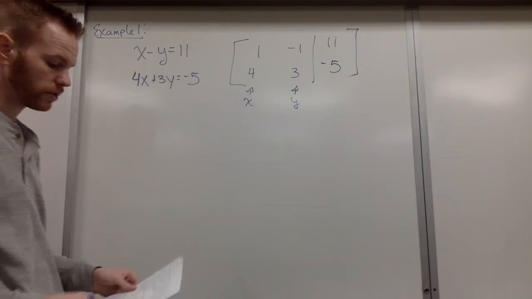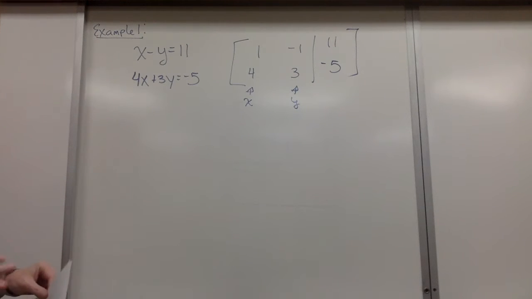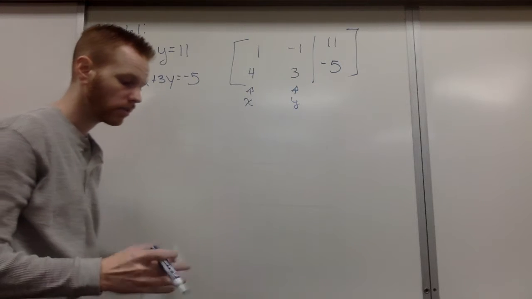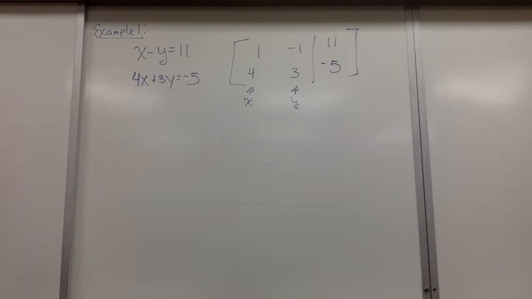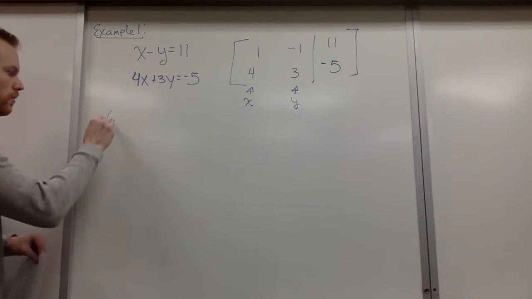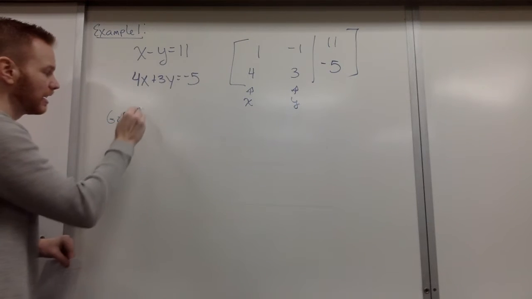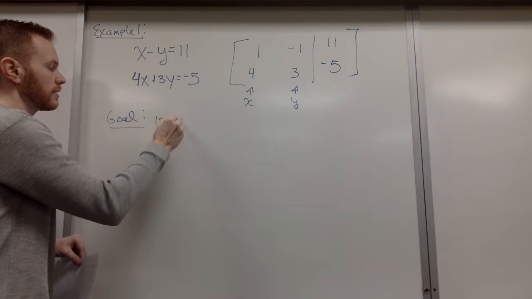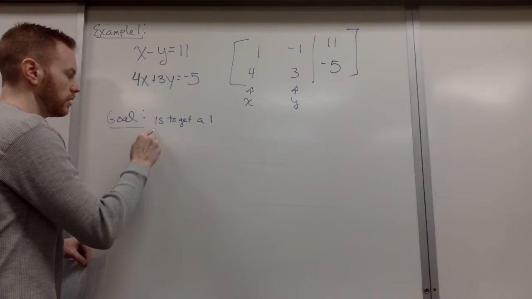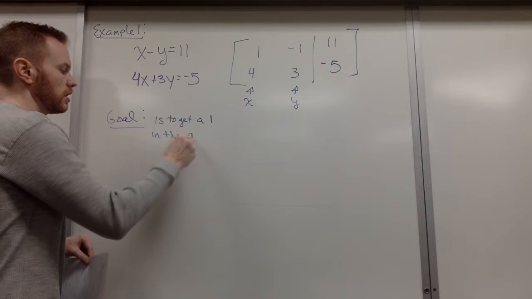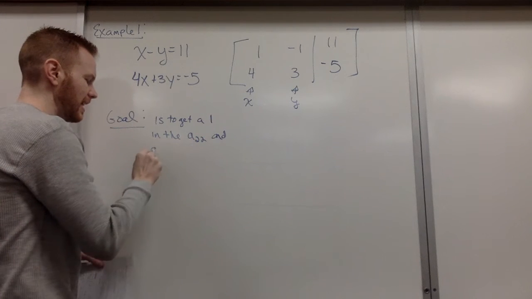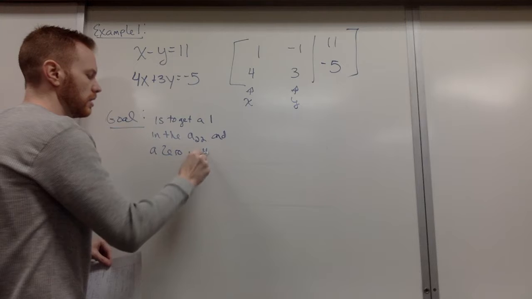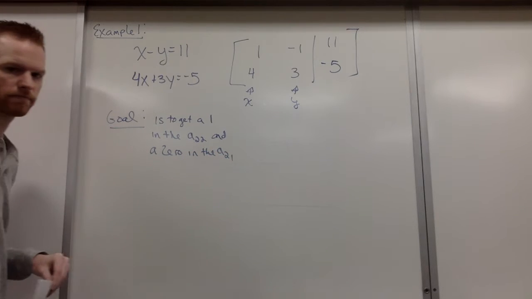So here's what I want to do. For the first part, I'm going to use what's called Gaussian elimination. This is what it looks like. My goal, and I'll write it over here, I might have to erase it, sadly, is to get a 1 in the 2-2 position and a 0 in the 2-1 position.